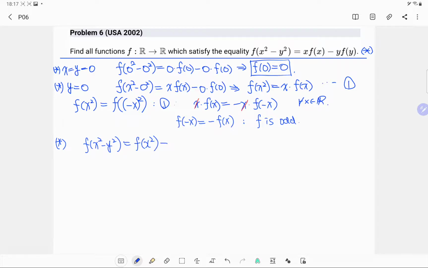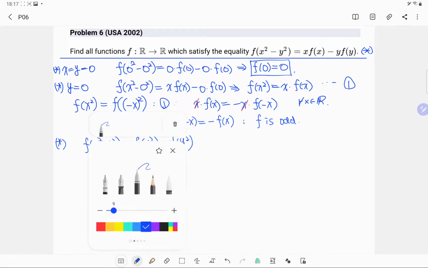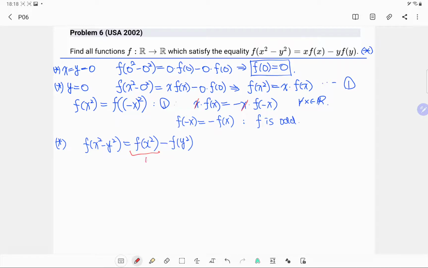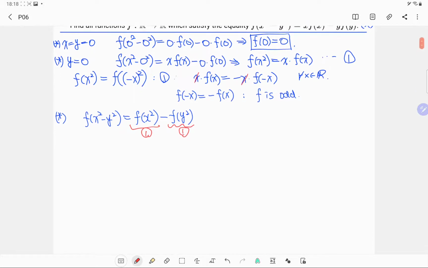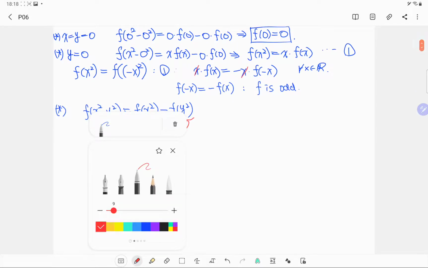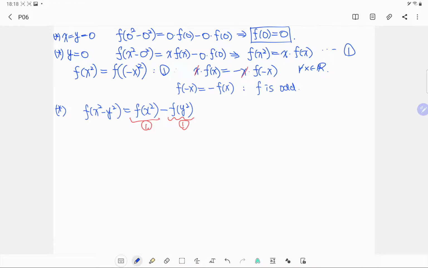And similarly, we can replace y times f of y by f of y squared. These two depend on equation 1. So we can slightly rearrange the term: f of x squared equals f of x squared minus y squared plus f of y squared, which means we just move f of y squared to the left side and then swap the left and right.